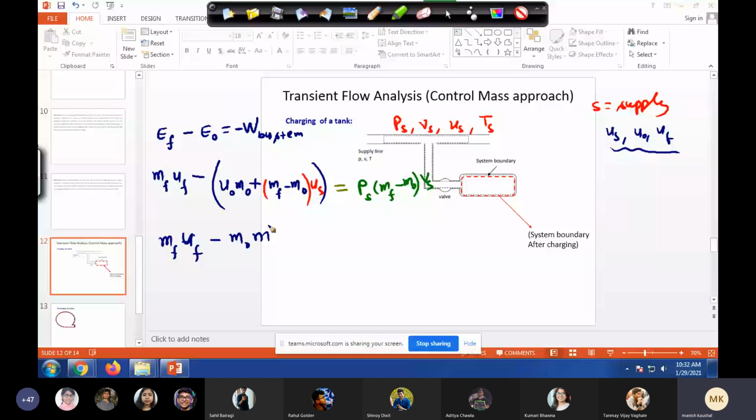That is equal to, now we have a minus sign here, so if I take this term on the right hand side, it will be plus. So (MF minus M0) will be common, and we will have US, PS VS, right? If there is any mistake, just let me know.